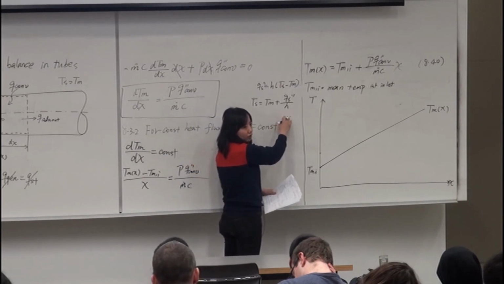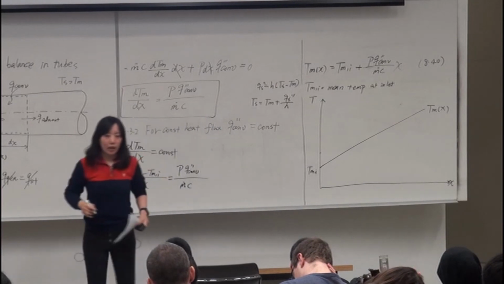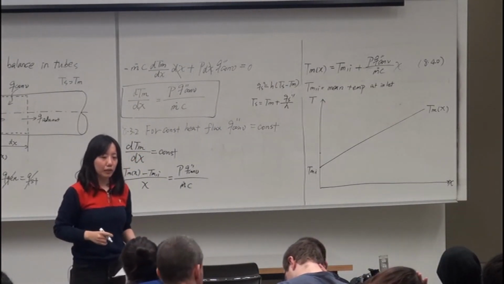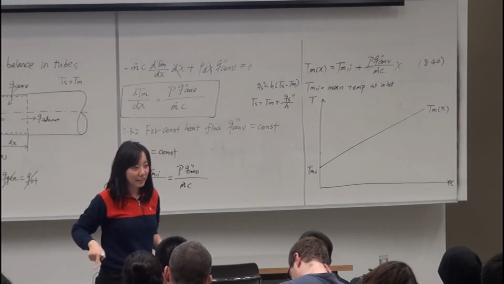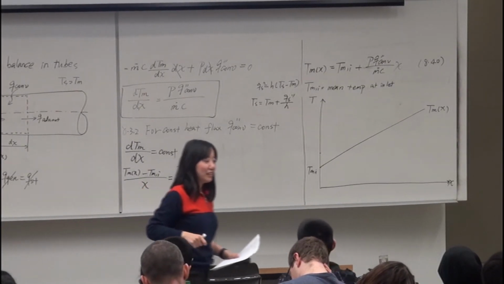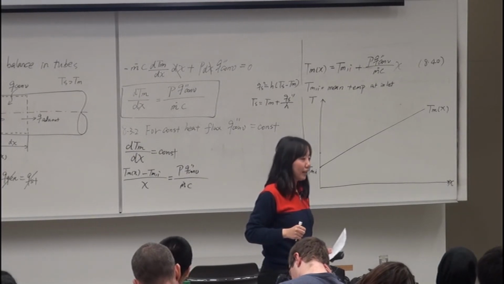How about h? That's the last figure we learned on Monday. How does h vary along the tube length? It decreases, then to zero? No, then to what? At which point will it remain constant?